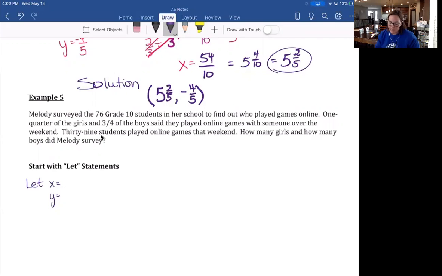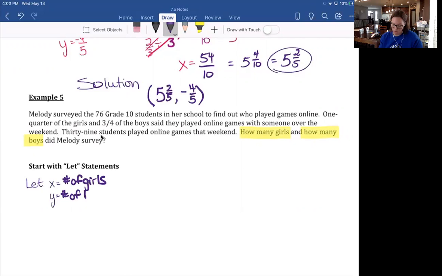Melody surveyed the 76 grade 10 students in her school to find out who played games online. 1/4 of the girls and 3/4 of the boys said they played online games. Remember I said sometimes you need to look towards the end, how many girls and how many boys. So there's our two things. So let's let x be the number of girls and y be the number of boys.